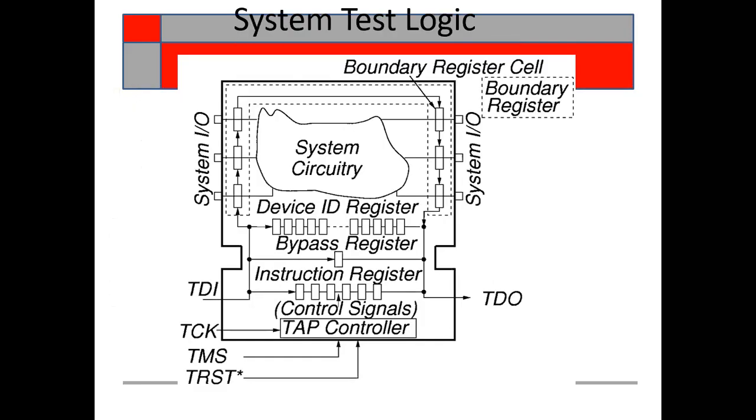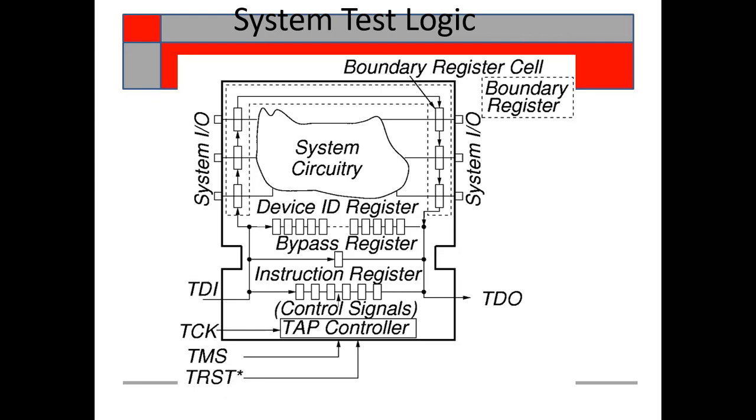Now the structure of the boundary scan register test: in the boundary scan test we have input output pins. We apply some values to those input output pins and find the output.